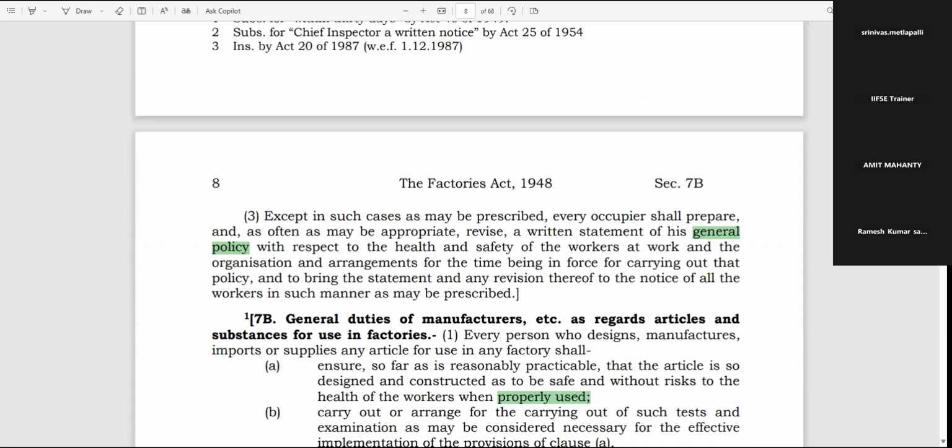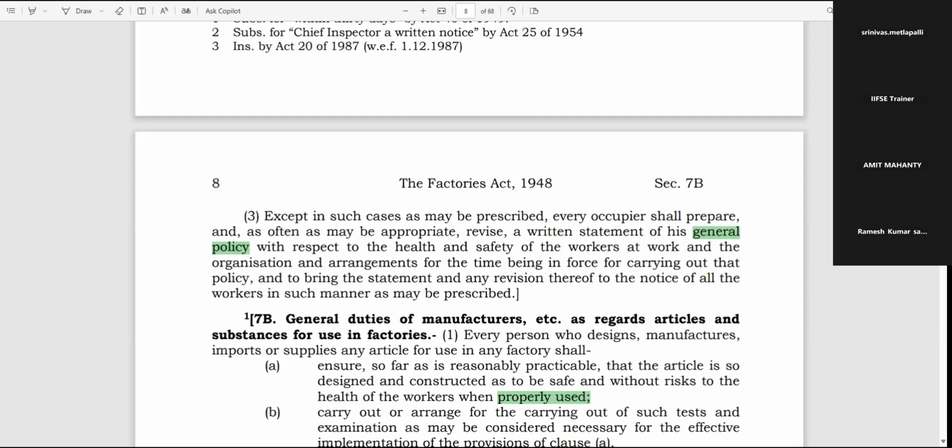As I mentioned yesterday, under the Factories Act, section 7A, subsection 3 talks about the requirement of a policy with respect to health and safety of the workers at work, and the organization and the arrangements for the time being in force for carrying out the policy, and to bring the statement and any revisions thereof to the notice of all the workers in such a manner.